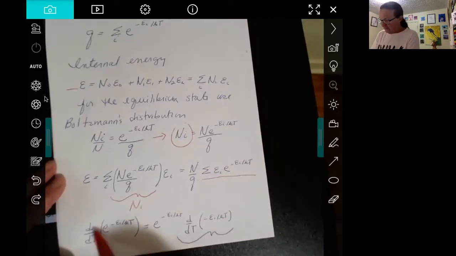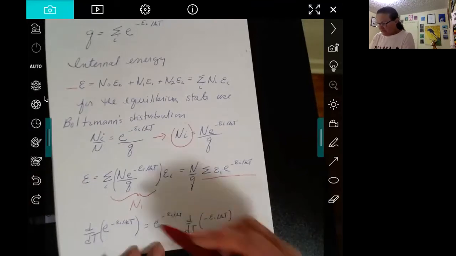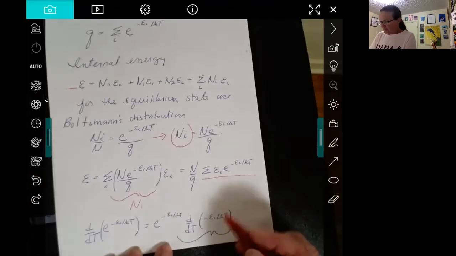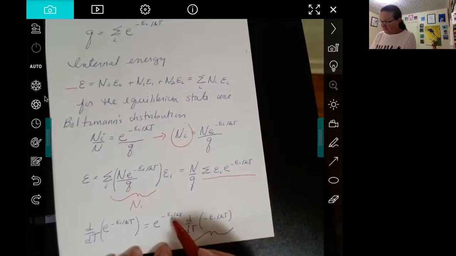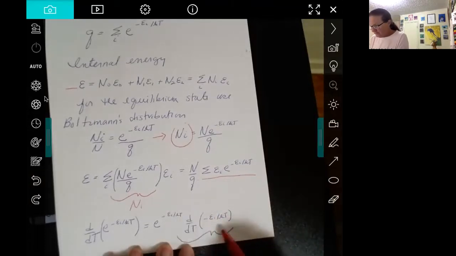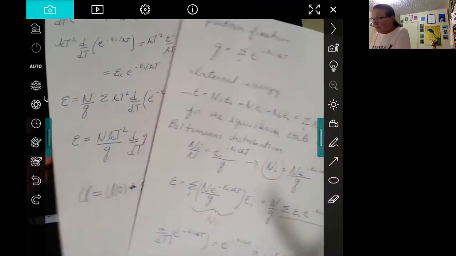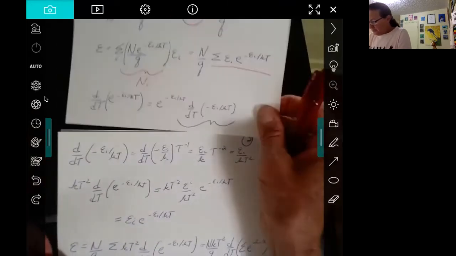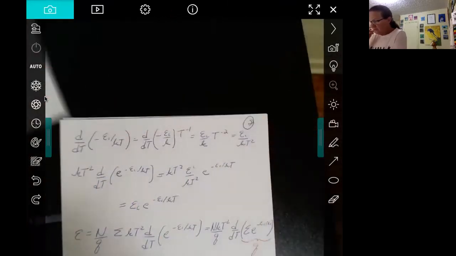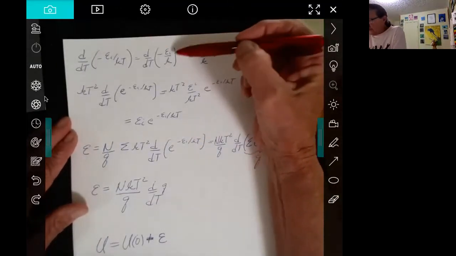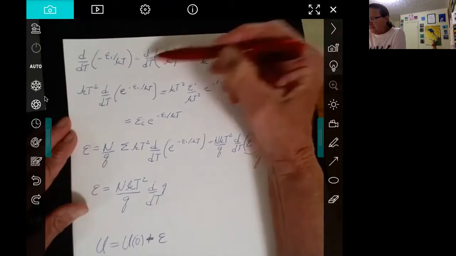You'll notice if you take the derivative with respect to T of e to the minus epsilon i over kT, you get the exponential function times the derivative of the exponent. So you get e to the minus epsilon i over kT, and then the derivative of that exponent with respect to T. You're really taking the derivative of a constant times T to the minus 1.